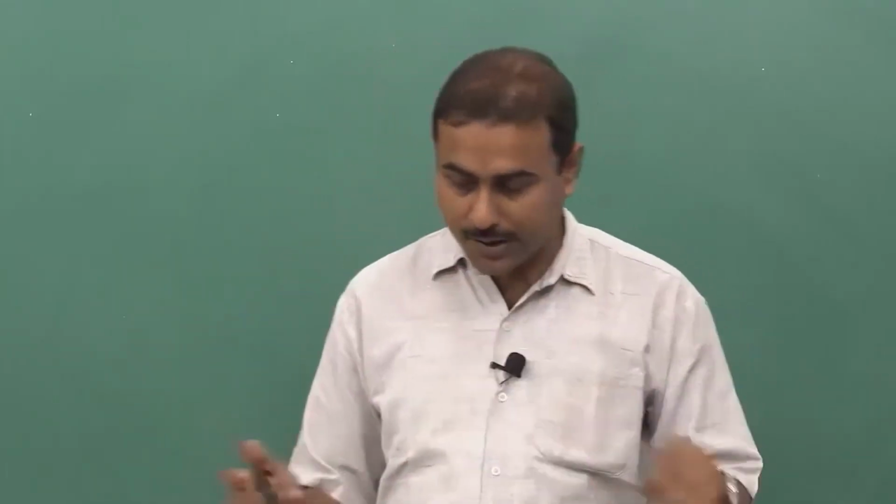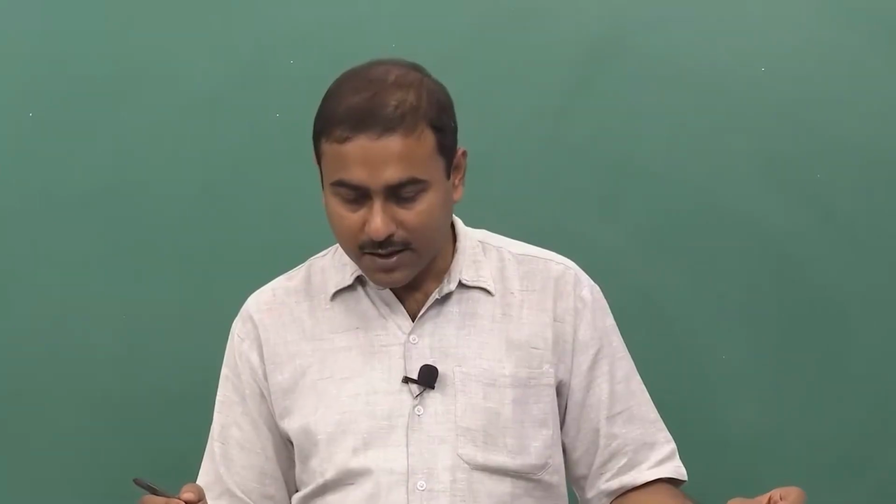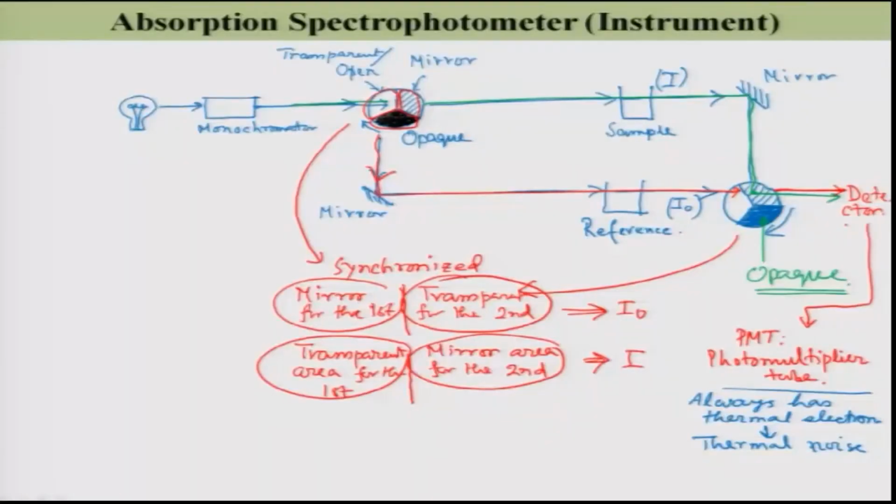So, instead of measuring the actual value of I, remember, when you are measuring this I0 or I at this PMT, the intensity coming from the thermal electrons is also added to it.